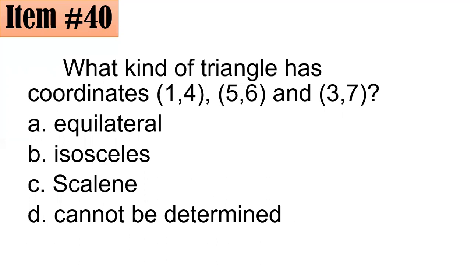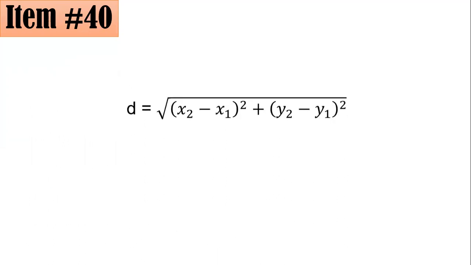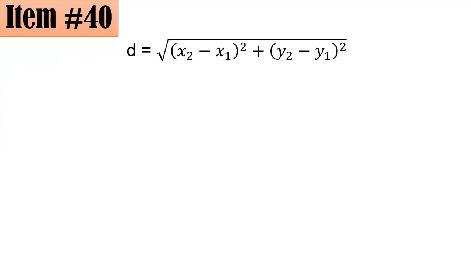What others do is they plot the points, draw the triangle, and estimate if it's equilateral, isosceles, or scalene. But for now, I will be utilizing the distance formula between 2 points to determine the lengths of each side of the triangle. Note that I will no longer draw the triangle.